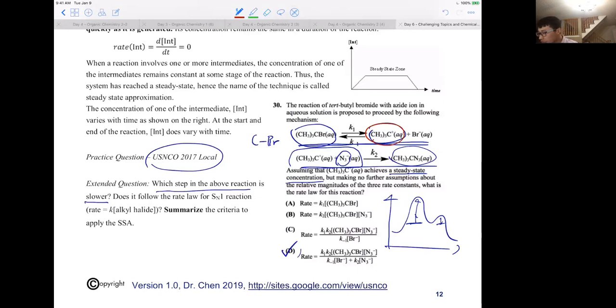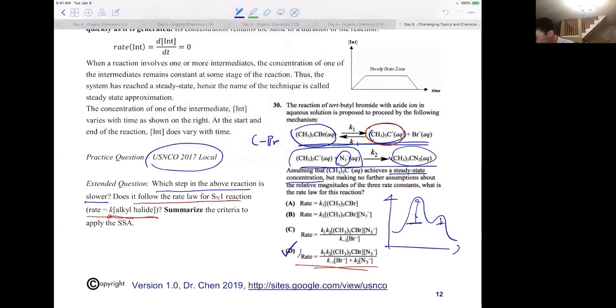So my next question is, does the answer follow the SN1 kinetics rate law? It should be like this, right? It looks like it doesn't fit, but actually it's reasonable.